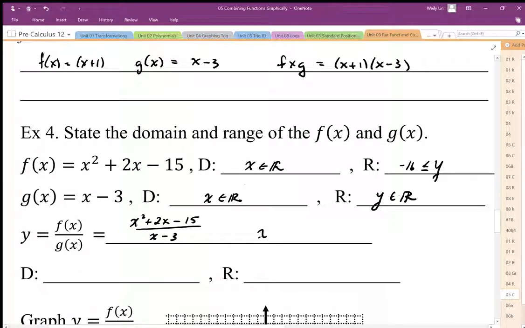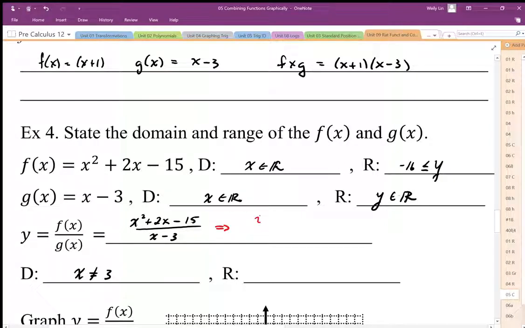Although these are all real values, now that we have a denominator, we cannot divide by 0. The range is a little bit more complicated, but if we understand what this function turns into, it is a rational function. We would maybe expect an asymptote or a hole at x equals 3.